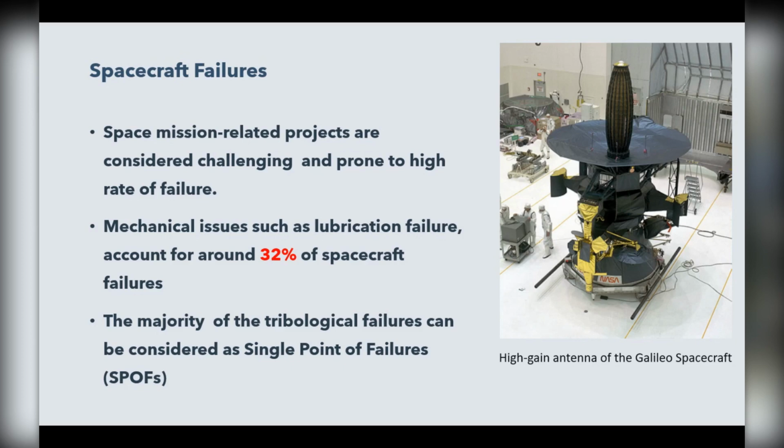One pin actually got stuck and didn't open well. So after going to Jupiter, it could not effectively communicate with Earth. So we lost a lot of scientific data, but eventually they figured it out and tried to use the smaller antenna, but the bandwidth was really low.